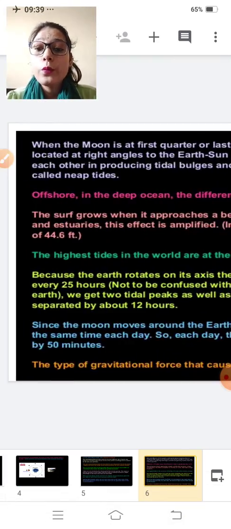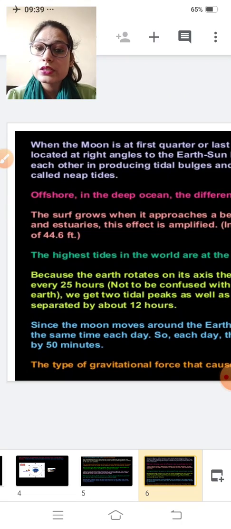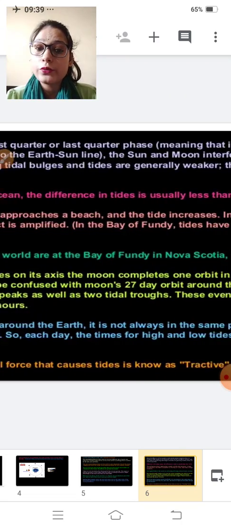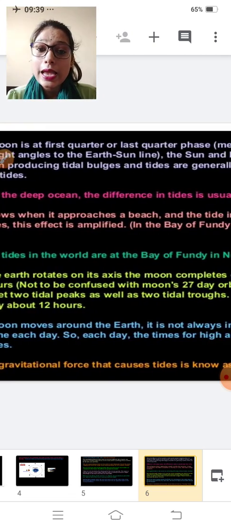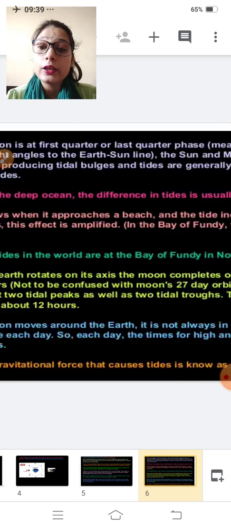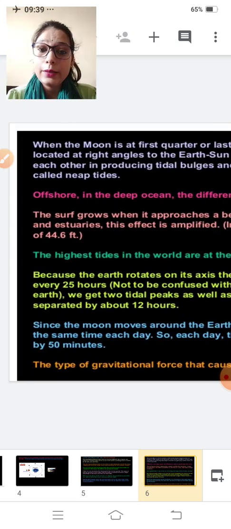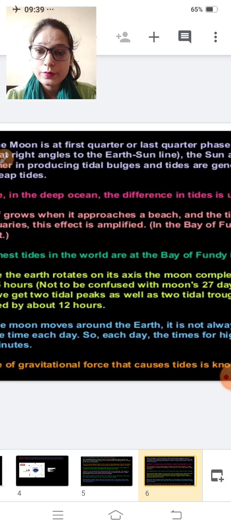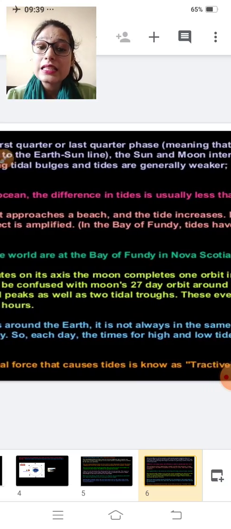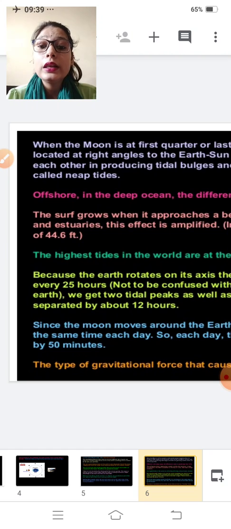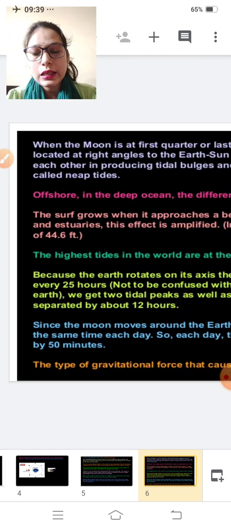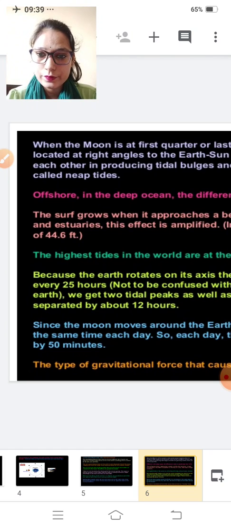Now when the moon is at the first quarter or last quarter phase, meaning that it is located at a right angle to the earth-sun line, the sun and moon interfere with each other in producing tides. Bulges in tides are generally weaker, and these are called neap tides. Clear? That means if they are half.